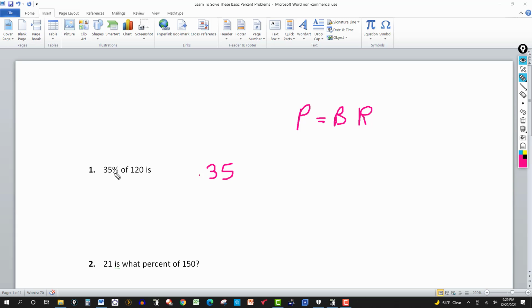So I want to know 35% of 120 is what number? Of means times, so I put a dot there, and then 120. The word is, always think of that as the equals. So I multiply 0.35 times the 120, and I get 42.